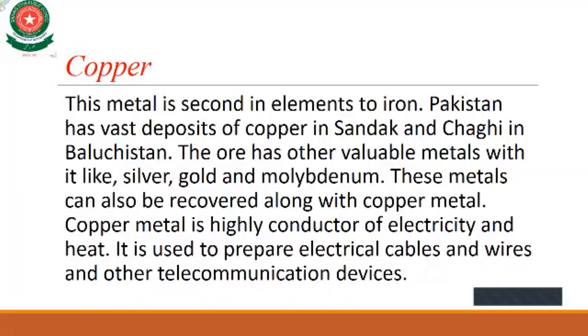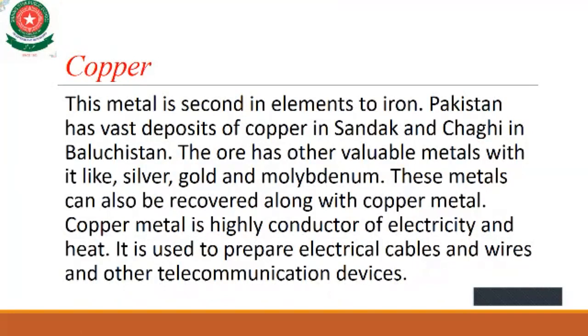Copper. This metal is second to iron among elements. Pakistan has vast deposits of copper in Sandak and Chagai in Balochistan. The ore has other valuable metals with it like silver, gold, and molybdenum.